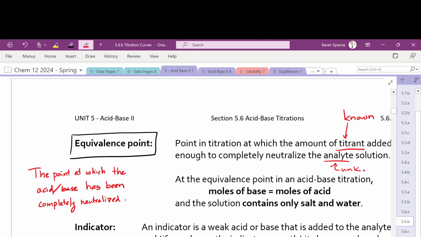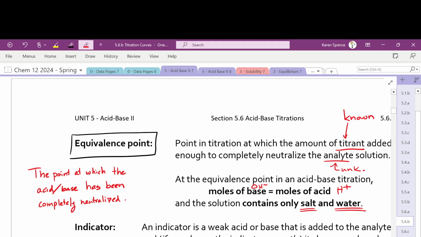And basically what it ends up being is that the moles of acid equals the moles of base, although it would be better actually to say that the moles of OH minus is equal to the moles of H plus. The solution will contain only the salt and water.